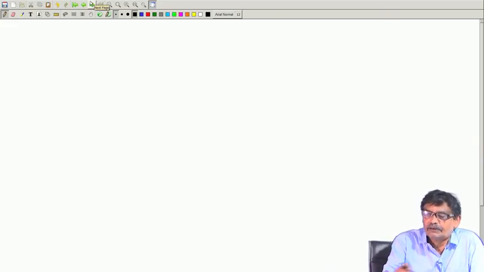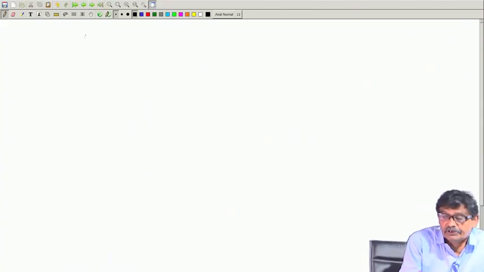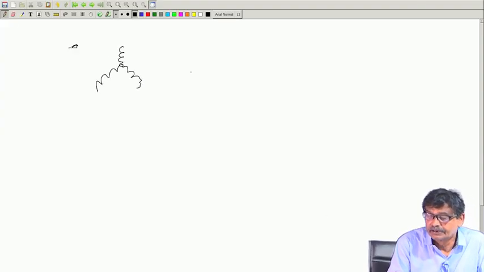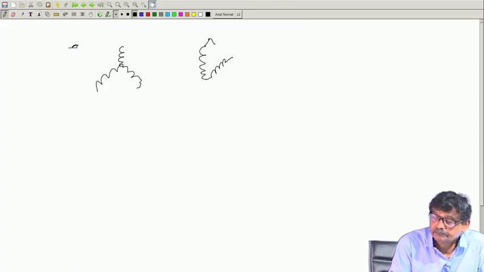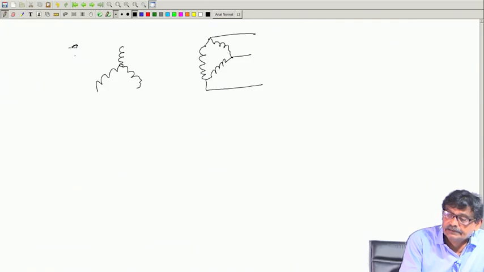One of the coils is delta, suppose star delta connection. I will just draw like this now. Correct star connection you have made and correct delta connection you have made. Here will be your load terminals and here is your supply terminals.